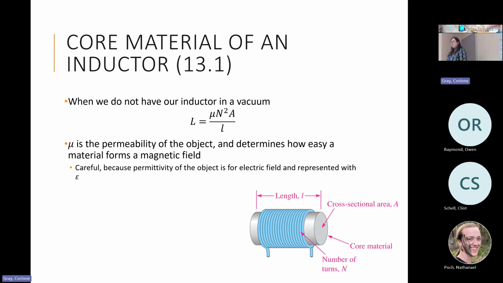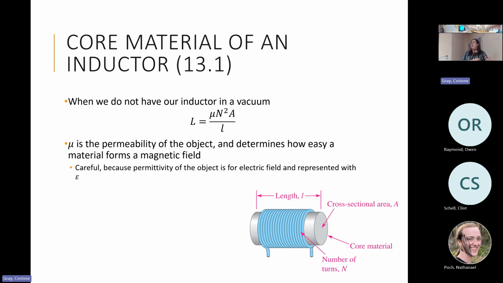With a lot of the values that you might see for inductors, a lot of the times they like to put a metal inside of the inductor, replacing this with the core material. More often than not, it is a metal. With the wire, we are assuming it is insulated from being physically in contact with that core. If it's physically in contact, we have a short. That is a problem. That's not an inductor.